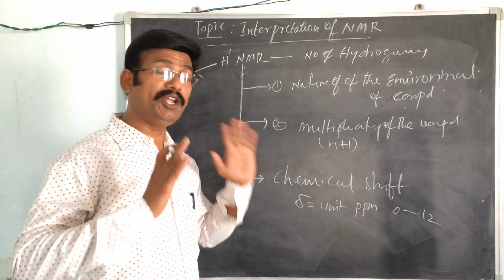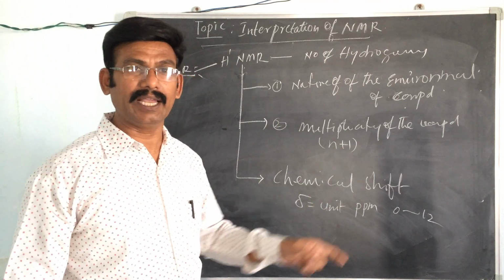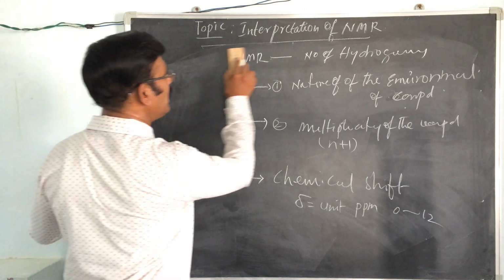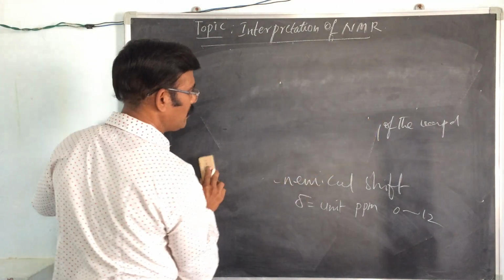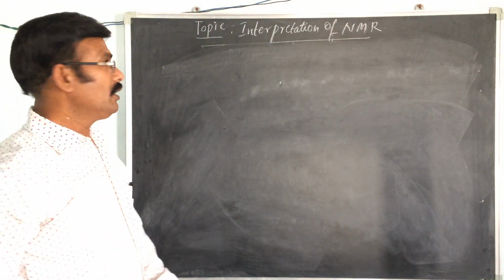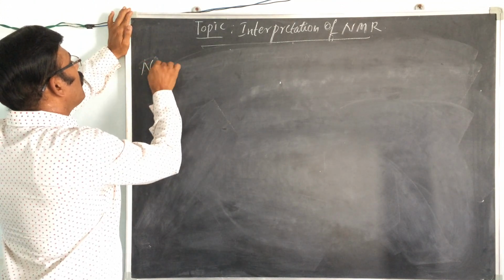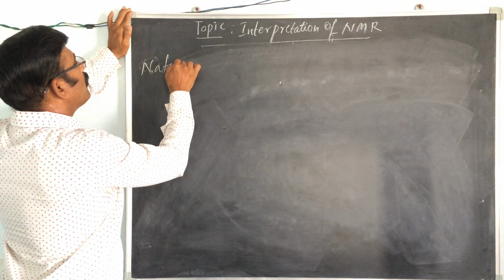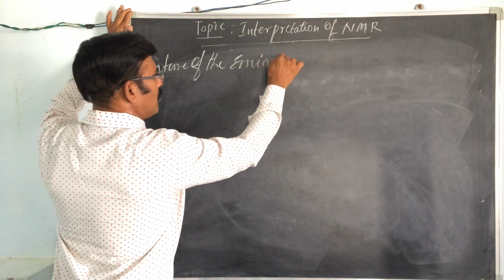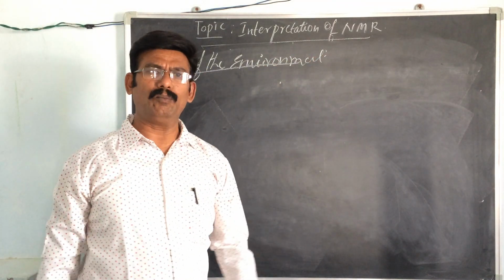After completion of this, how can you identify the organic compound? We are taking 2-3 examples. First we study the nature of the environment of the compounds.